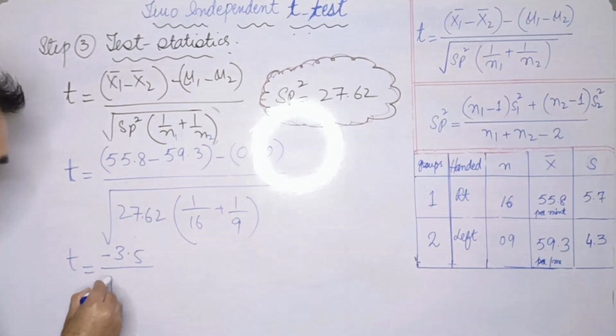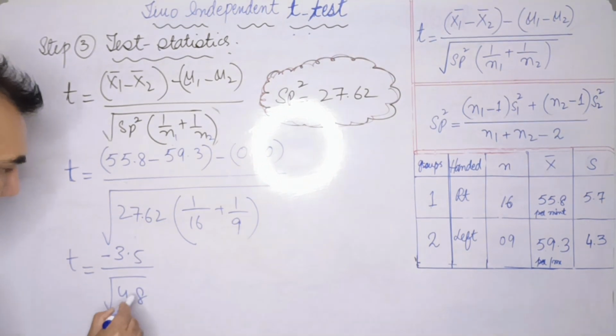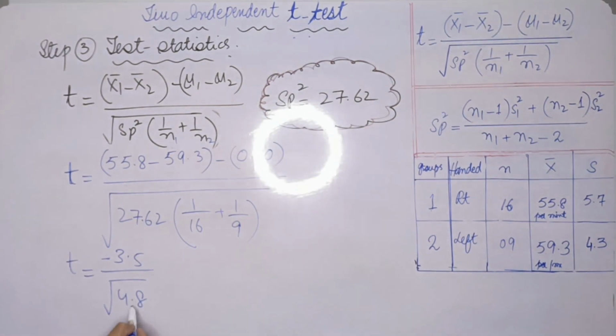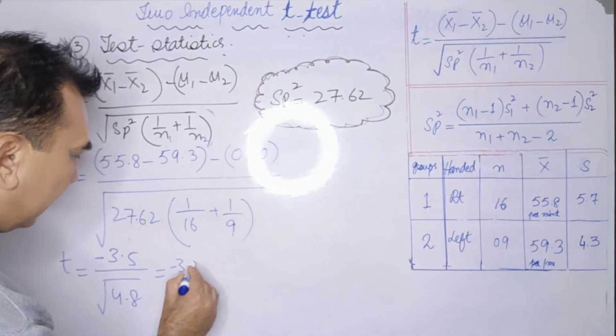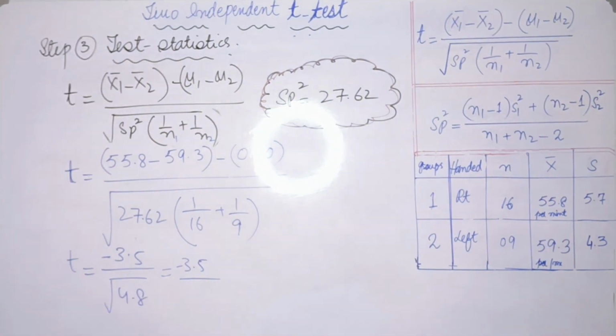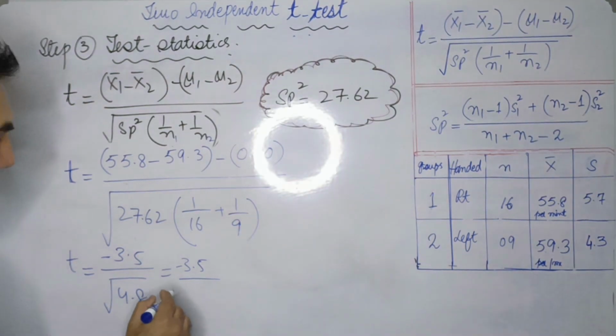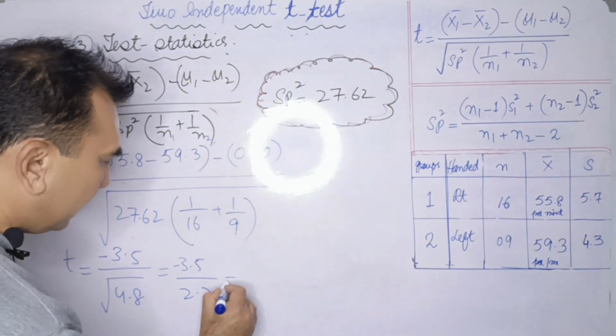It comes up with 4.879, and when we round it, it comes up with 4.8. When we take the square root of 4.8, it comes up with 2.2.